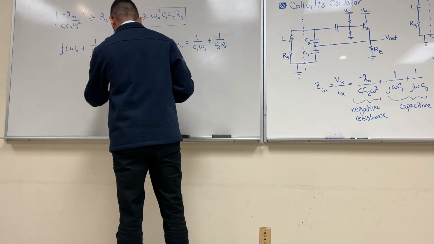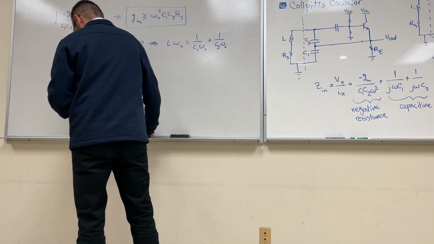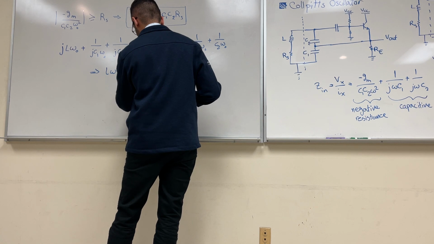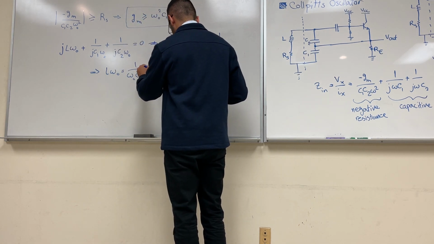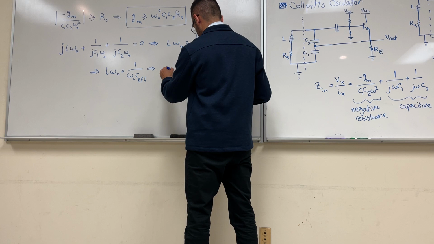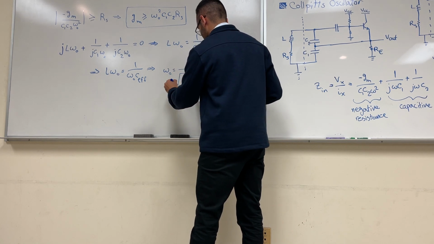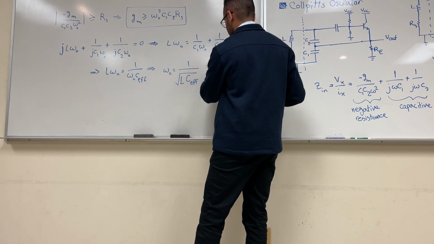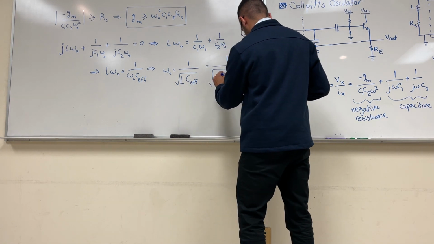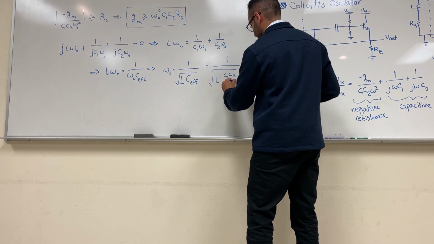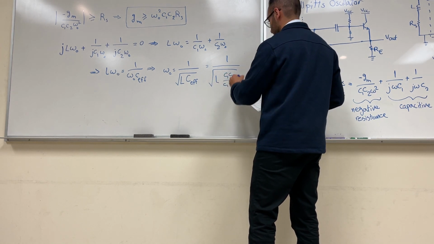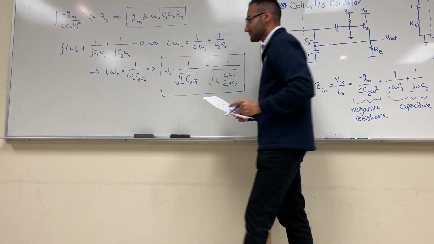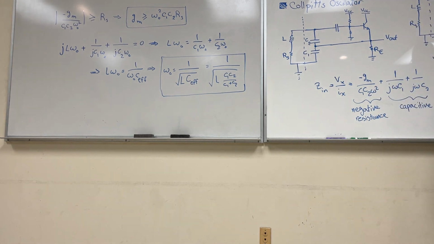Just doing a bunch of algebra, L omega naught is equal to 1 over omega naught C effective. So omega naught, as Caden said, is going to be equal to 1 over square root of L C effective, and we said that C effective is C1 C2 over C1 plus C2. And that's the second relationship. All right, any questions?